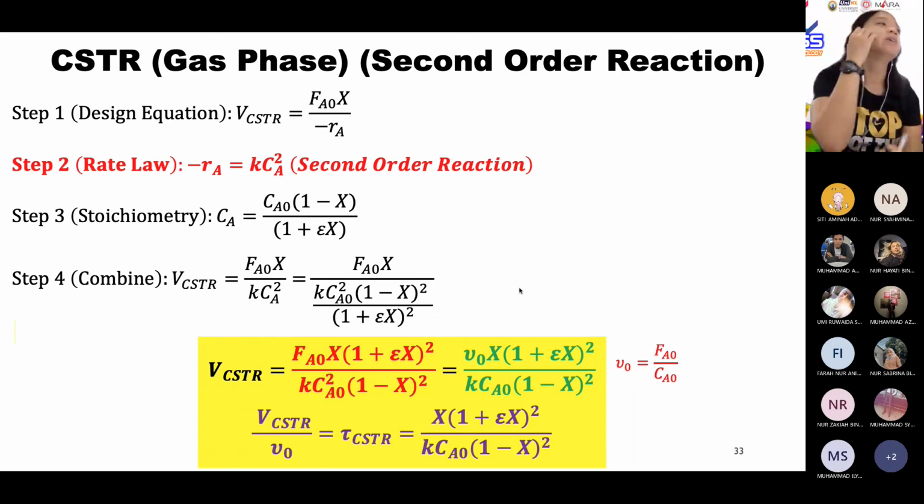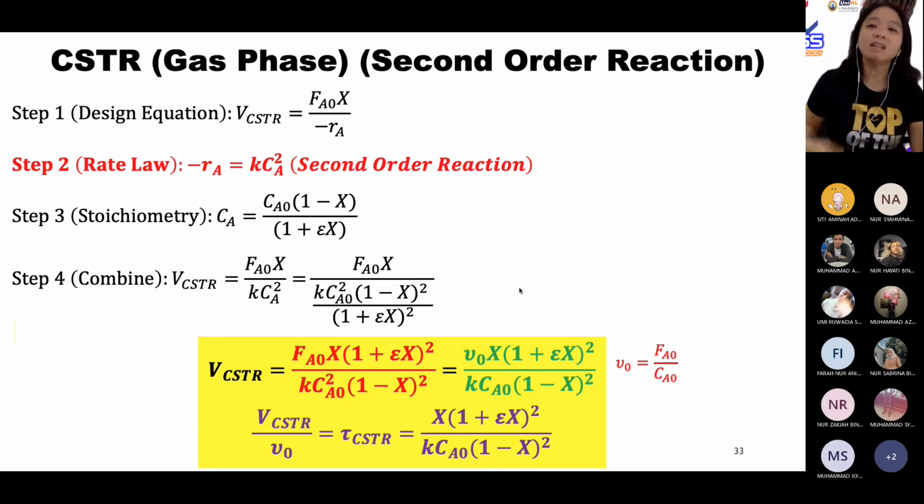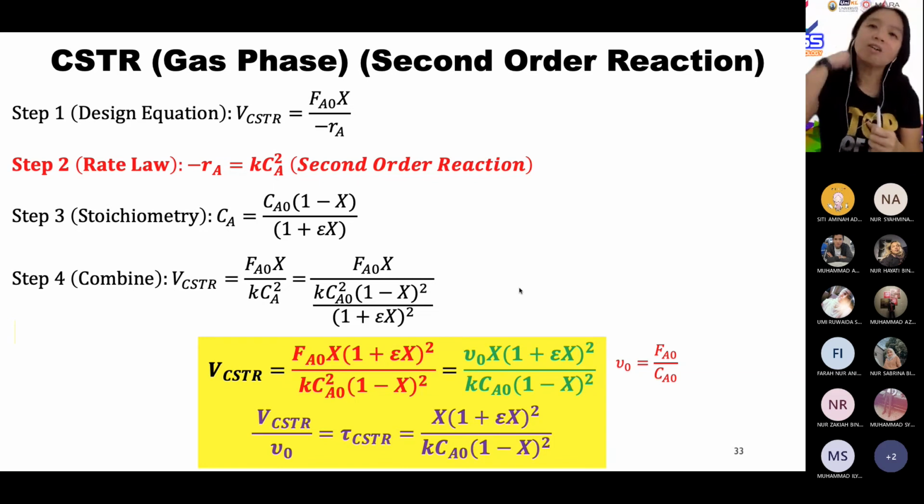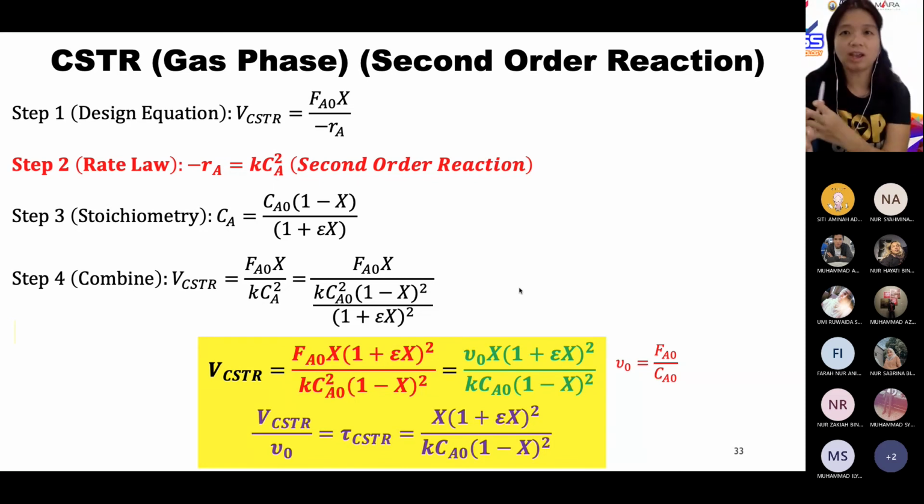Okay, so I come back to here. So now you imagine now, tadi kita buat tu untuk first order, right? Now let's say I change, it becomes a second order reaction, meaning minus Ra equals to KCa square, meaning the reaction tu rate law dia, kadar tindak balas dia bergantung kepada second order of your concentration A, okay, KCa square.